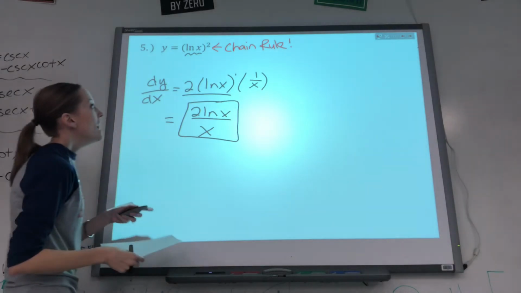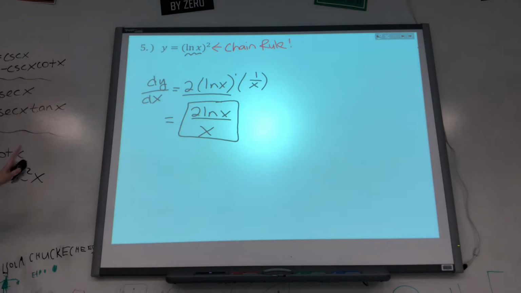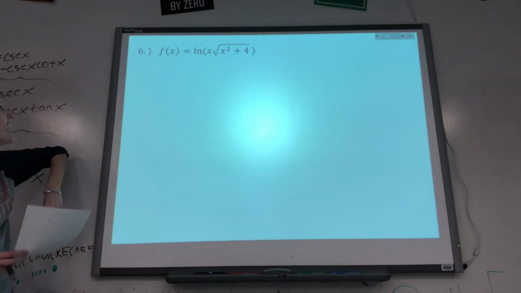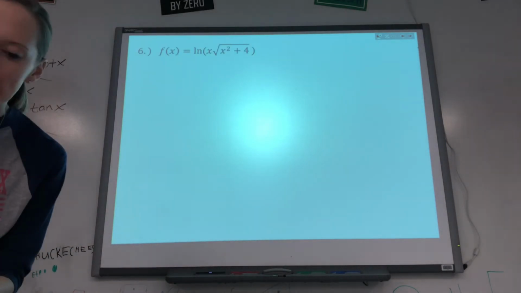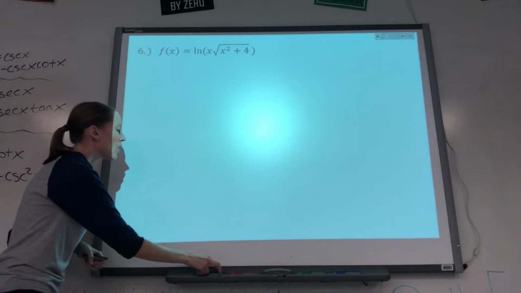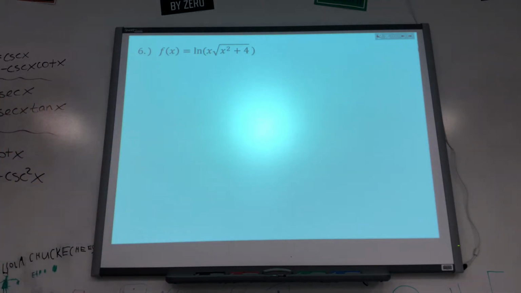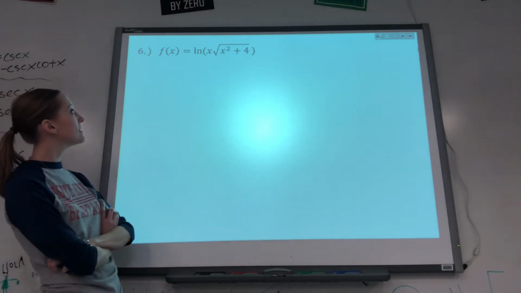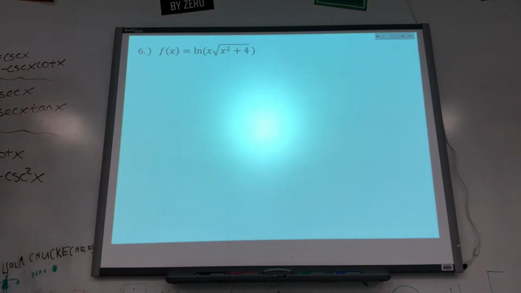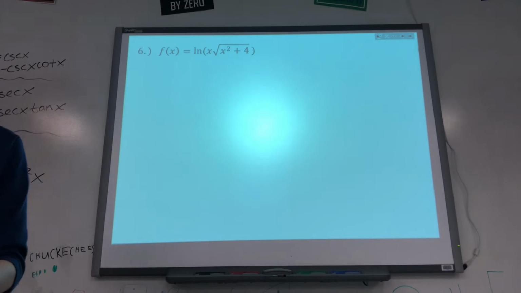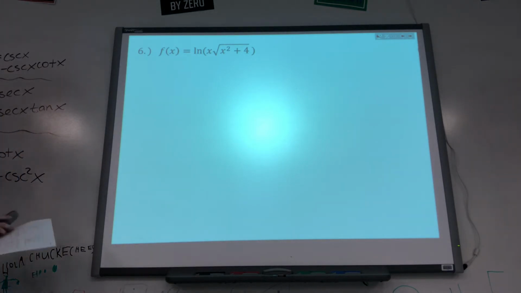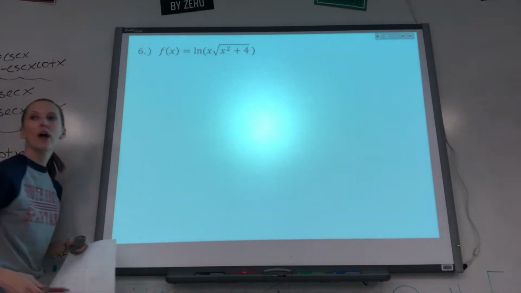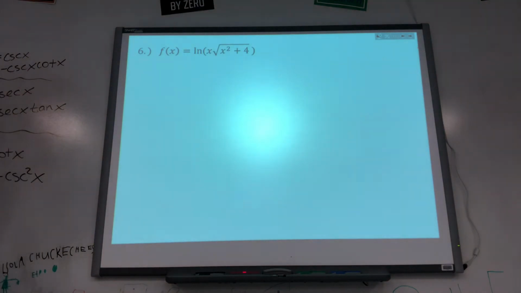Okie doke. Now, just got a few more, so hang with me here. Example 6. This is where we might have to remember some of our log properties. It says f of x equals natural log of x times the square root of x squared plus 4.